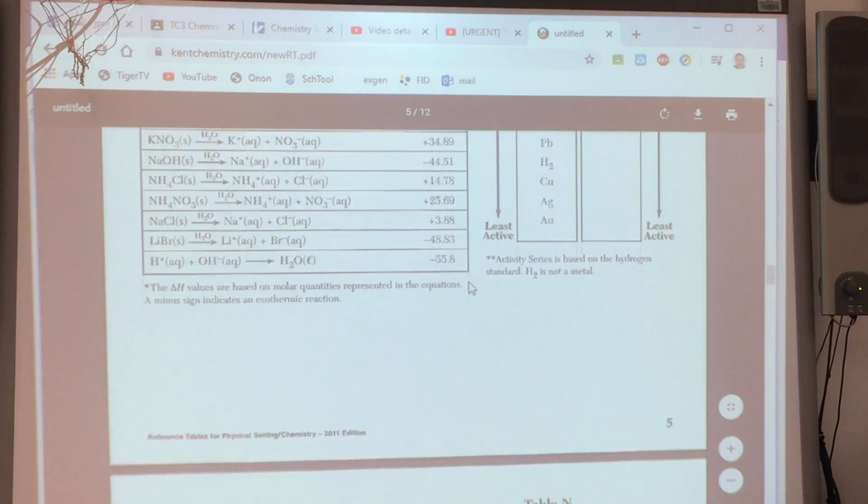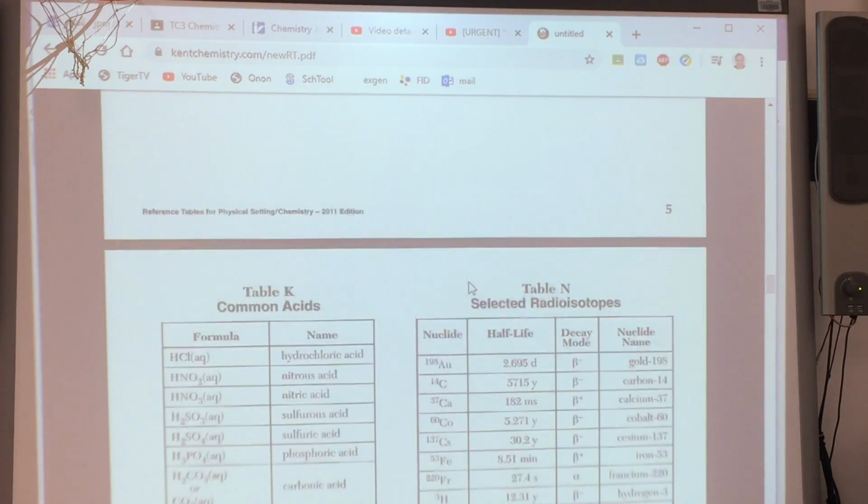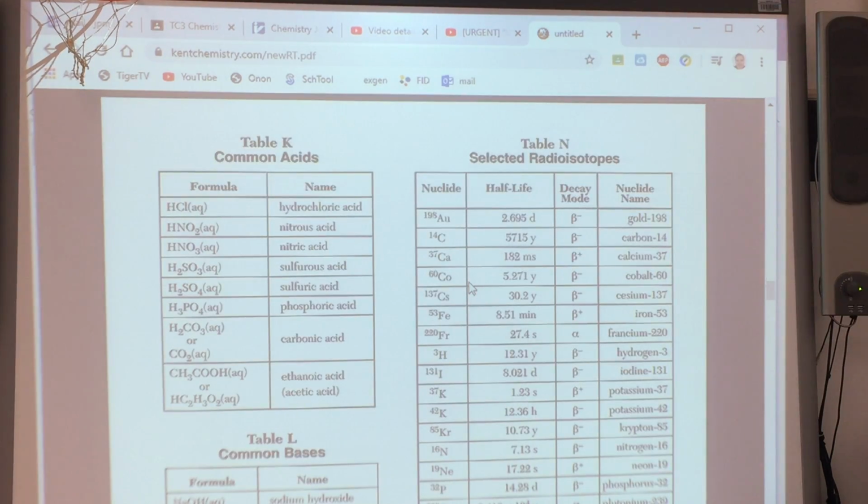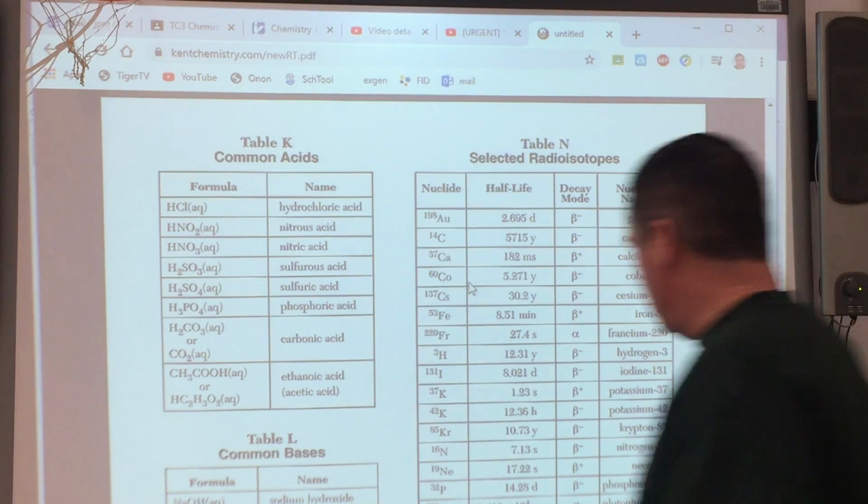So we're looking at Table N. Table N is the one that you're going to need.